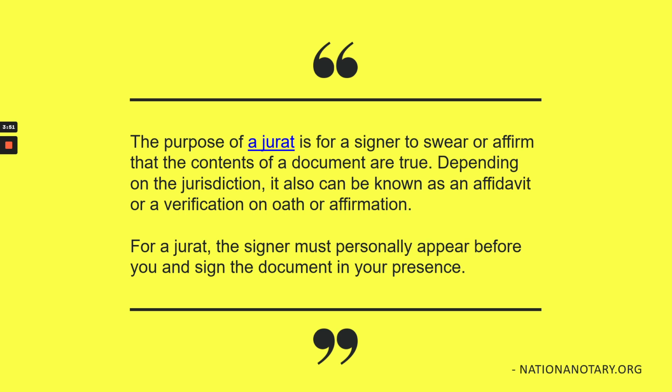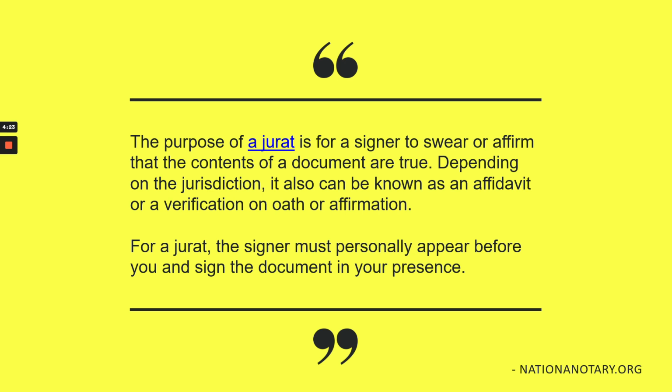Depending on the jurisdiction, it can also be known as an affidavit or verification on oath or affirmation. For a jurat, the signer must personally appear before you and sign the document in your presence. With an acknowledgement, this is some of the basics, y'all. They don't have to sign it in front of you. With the jurat, they have to come in front of you and sign the document in your presence. Remember that. Very, very important.